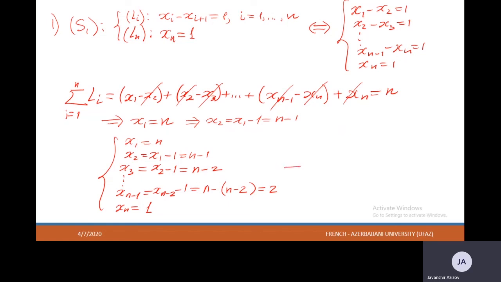The solution set will be this. That's all.